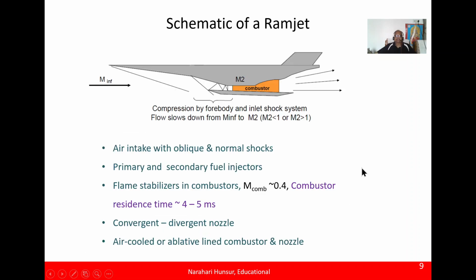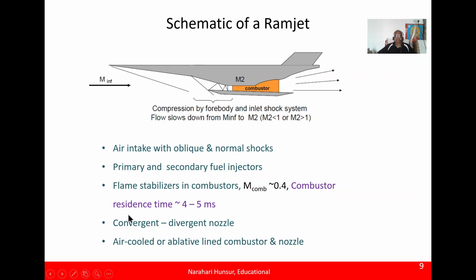If you look at the schematic, what you see here is the intake ramp. You have an oblique shock, multiple oblique shocks, slowing it down, and finally terminated by a normal shock to bring the flow inside the combustor to subsonic conditions. Here, the primary and secondary fuel injectors are there, along with flame stabilizers in the combustor. Combustion Mach number, as I said, is subsonic, around 0.4.